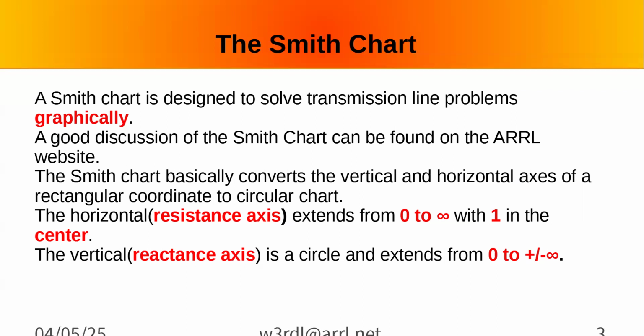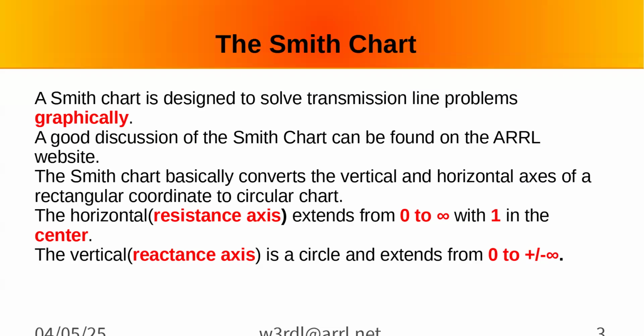So these infinities are all the same point. Whether it's the real infinity or the inductive or capacitive reactance, it's infinity, they're all at the same point on the chart. So it makes it a circular chart.